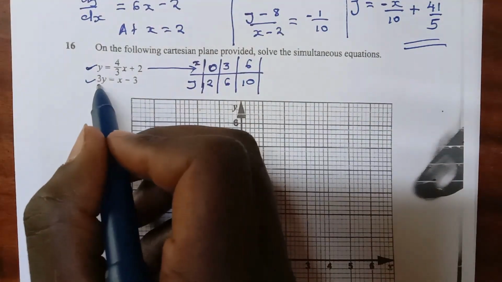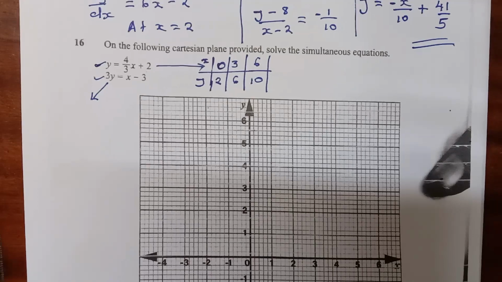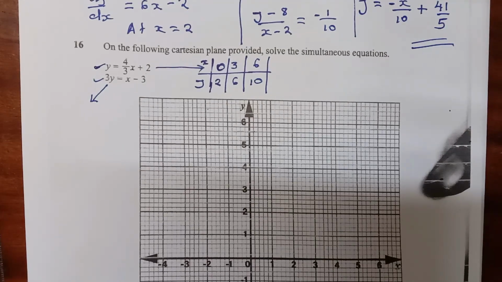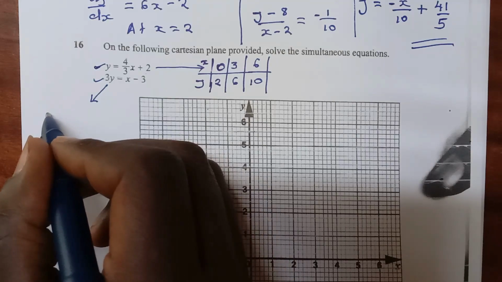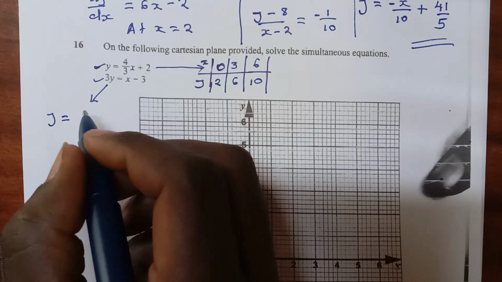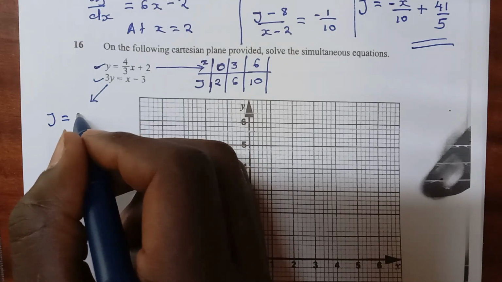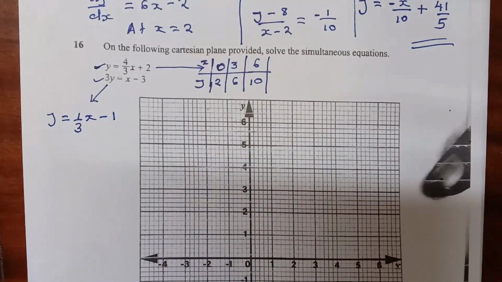Then you look for the plotting points of 3y equals x minus 3. So it means that y equals a third x minus 1.